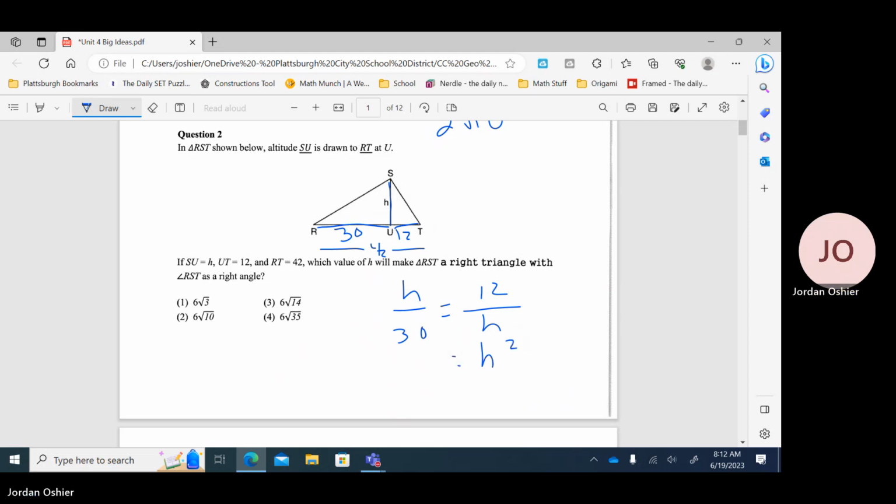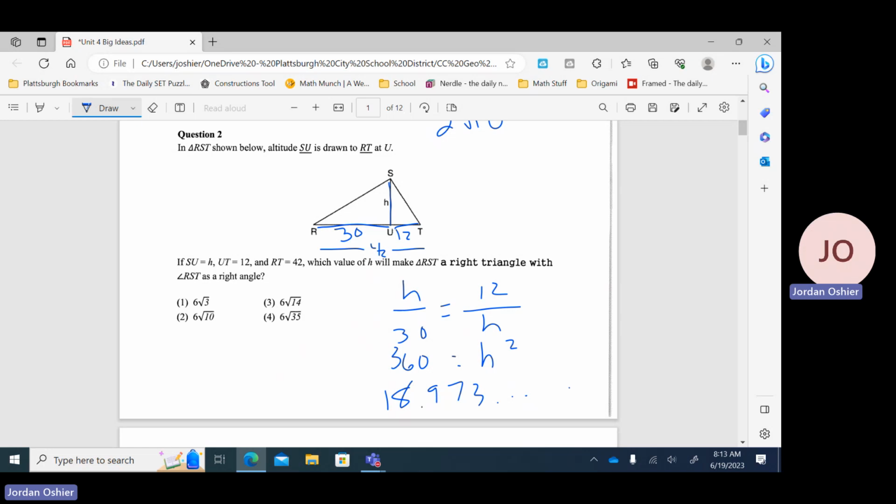So H squared equals 12 times 30, which is 360. And then you take the square root of that. So this time I'll show that part. So if I take the square root of 360, I get 18.973, and so on.